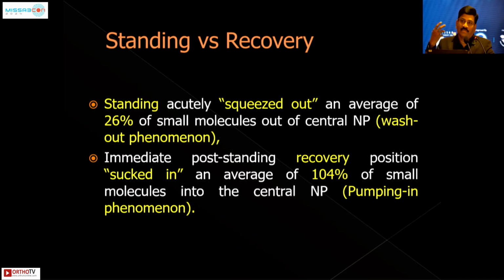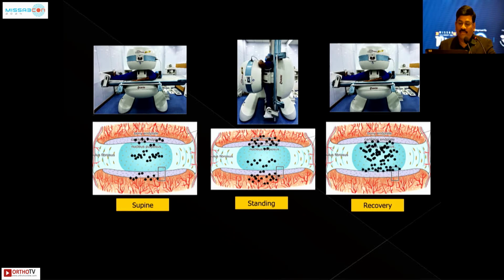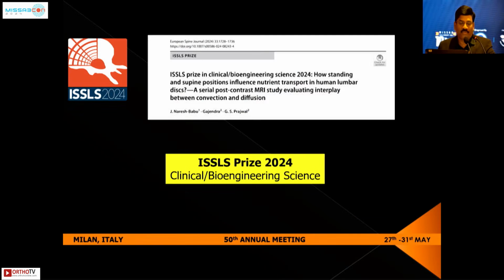There is an enhanced recovery happening. The dynamic movement of supine to standing to resting actually caused more solutes to go into the disc and get pumped in. So in supine position the solutes are going in, in standing there is something leaking out, and then in recovery there is a lot of nutrients coming back into the disc.